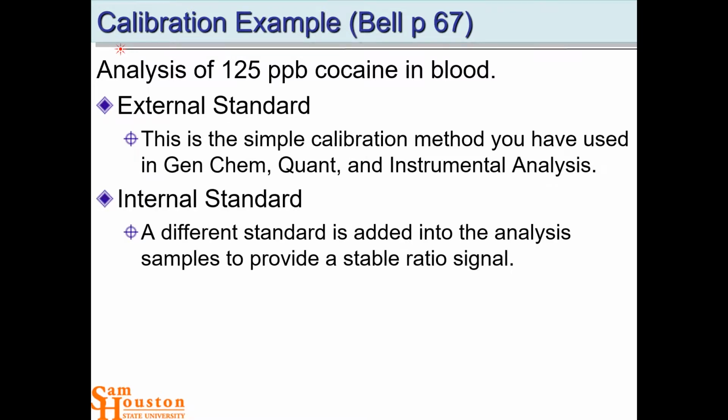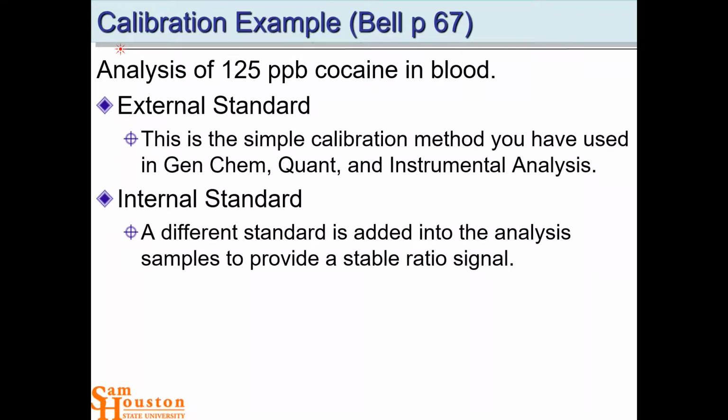Then we have internal standards, where a different standard is added to the analysis samples to provide a stable ratio signal. So we want to analyze cocaine, but we think something may be interfering with our signal. Like we put in 125 parts per billion, but we only detect, say, 90, and we do that every time.